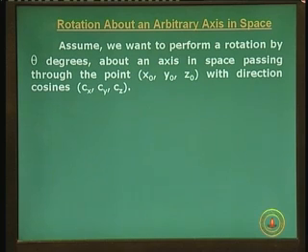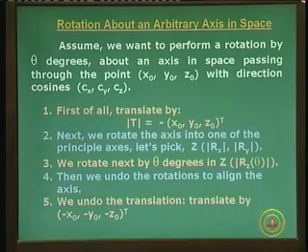For the time being, assume they are cosines of certain angles with respect to x, y and z respectively, and the direction cosines of that line are defined as cx, cy and cz. So, there are 6 parameters which define a line uniquely. You need a point through which the line or axis passes, and the direction cosines or orientation of that line. Once that line is uniquely defined, we will try to rotate a point or an object about that particular axis. Okay. So, let us come back to the screen.